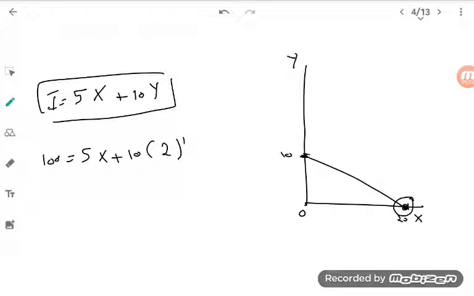What about the second part, which is the preferences or the desire? Preferences or desire is related to utility. The word utility means satisfaction.